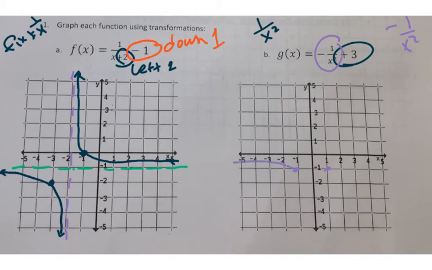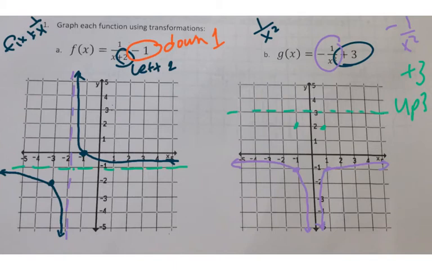Like that. Sorry, it's not a perfect drawing. But then we also have to shift it plus 3, up 3. So in each of these points, we're going to shift up 3. Which means my horizontal asymptote, which is at y equals 0, actually gets shifted up 3 as well.